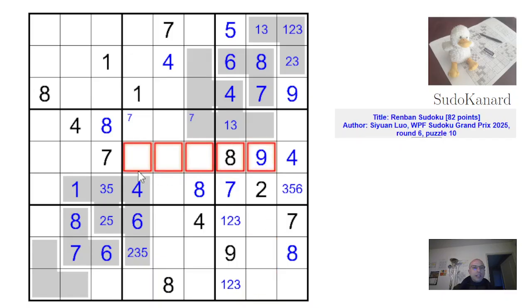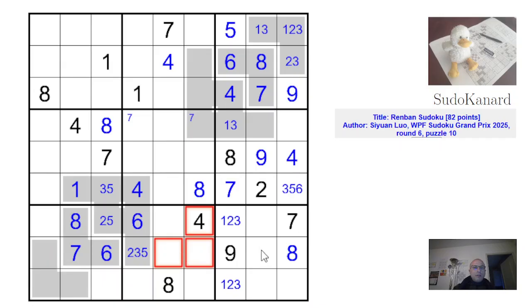Where should I look next? I'm not sure about that. Four could be here, 4 could be there. Oh, Sudoku again. There's a 7 here.